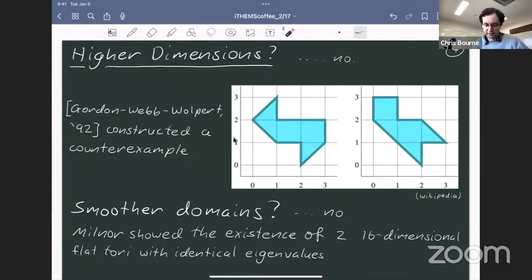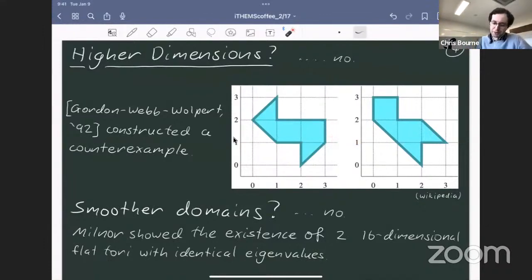And what they did is they constructed 2 different shapes. So there's no real obvious way to geometrically identify these two different shapes. But if you look at the Laplacian with Dirichlet boundary conditions on these 2 shapes, the spectrum will be identical.